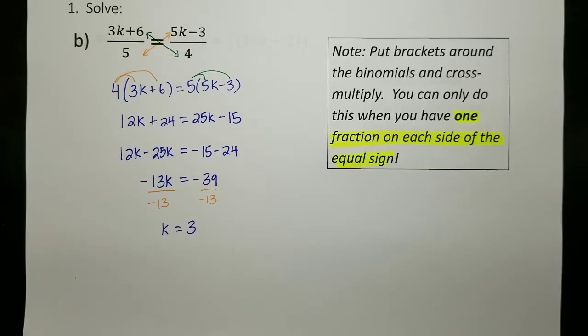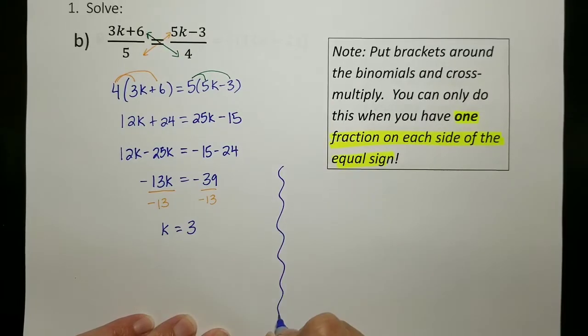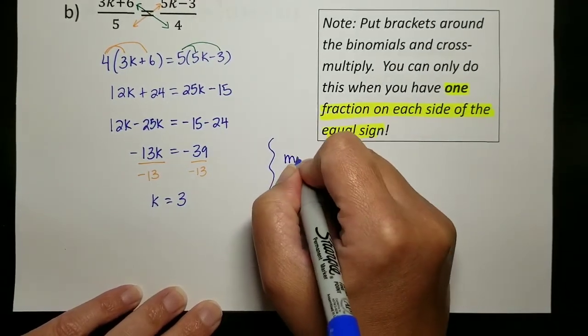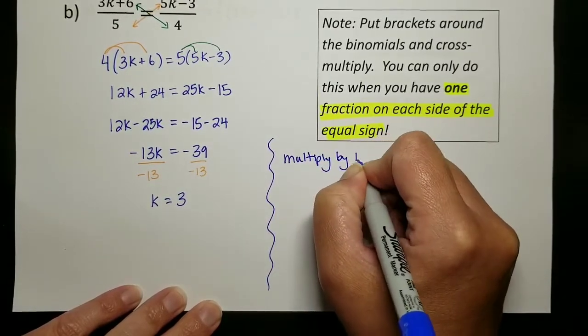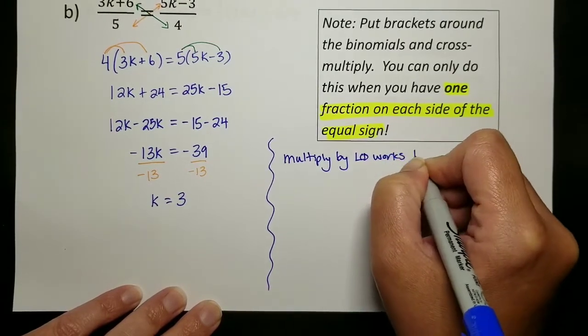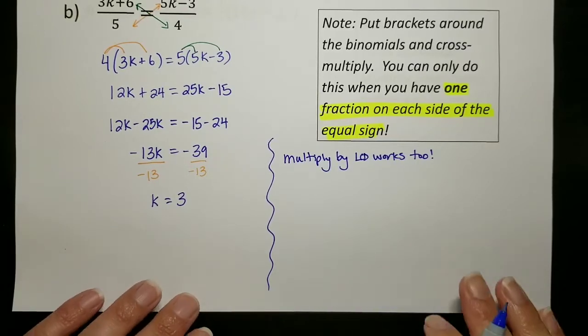A different strategy of doing this would be to multiply by the lowest common denominator. So multiplying by the lowest common denominator, that's going to work too.